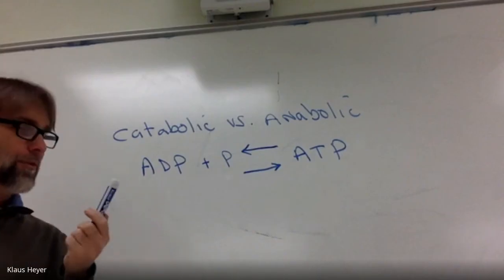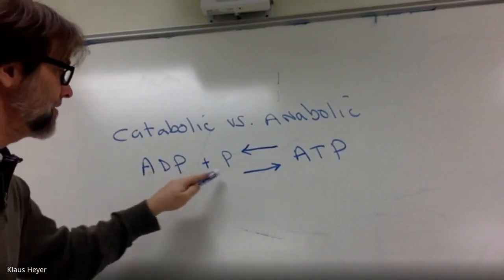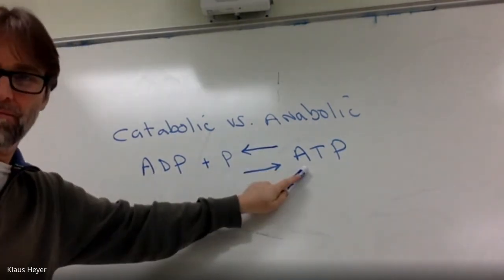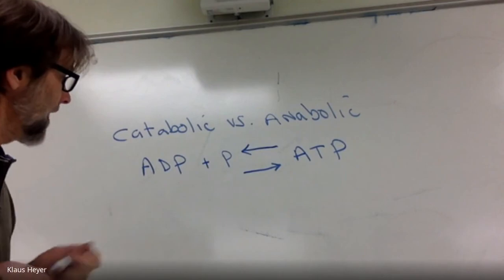So to break up molecules, it would be ATP. To put it all together, it would be ADP plus P. To put these together, ADP plus P, that makes ATP. I'll represent these like circles.